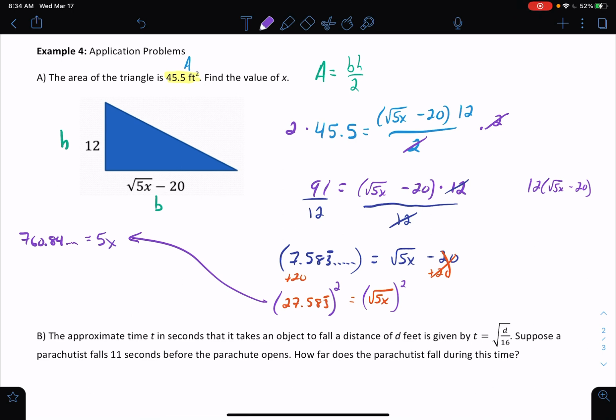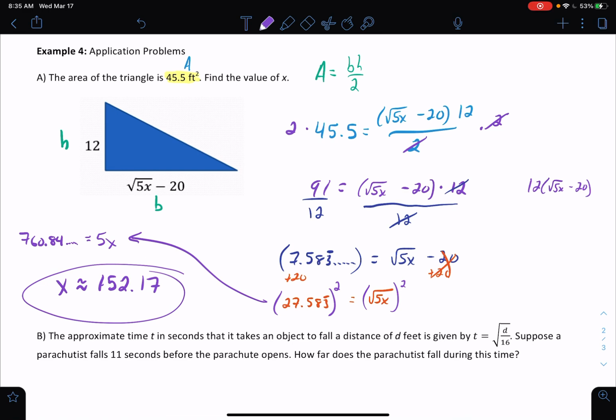Divide both sides by 5, and I'll get x is approximately 152.17. All right, so that's how we use the area formula of the triangle. We plugged in what we know, and then we just use the solving steps. Some messy numbers there, but we can still solve.